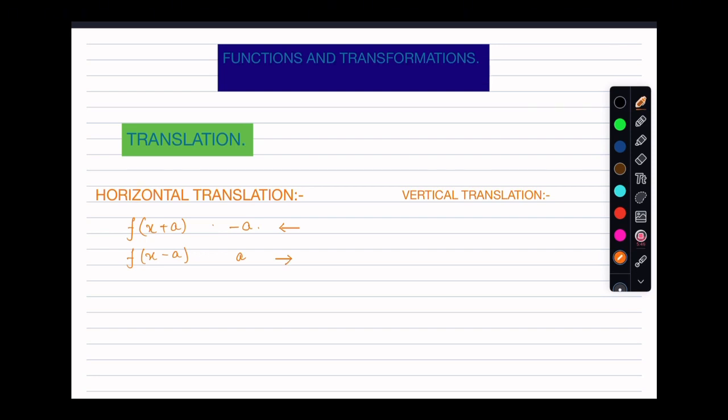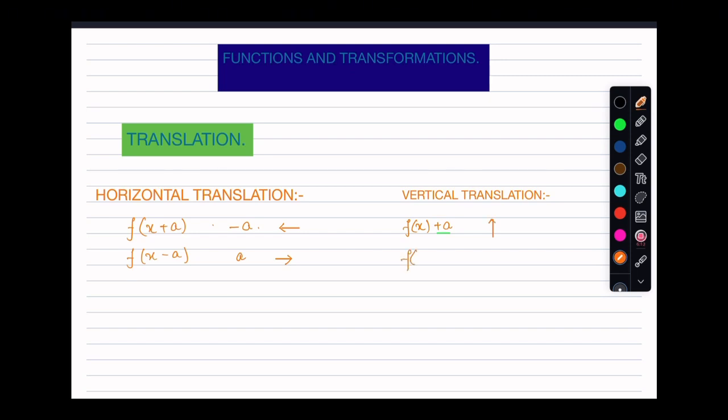Vertical translation is represented by f of x plus a. If my a is positive, I'll underline this a, then the graph of the function will be translated vertically in the upward direction.